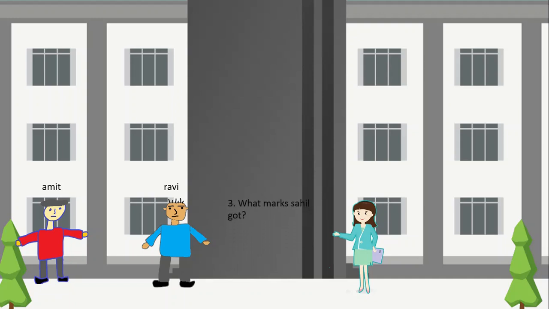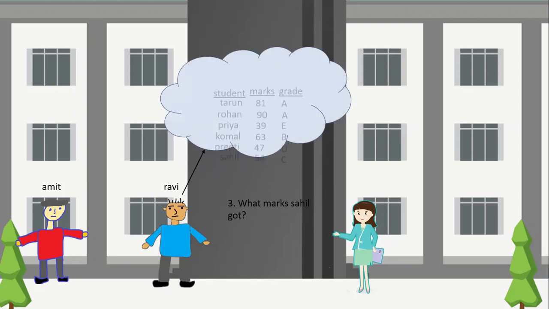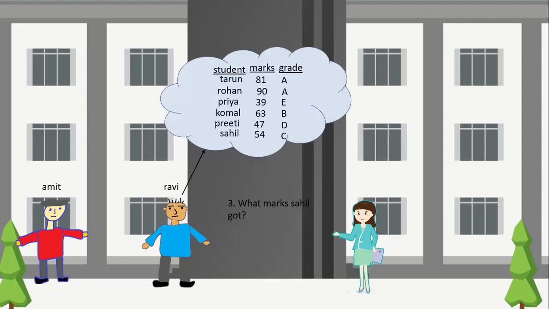The third question is, what marks did Sahil get? This is a somewhat difficult question. So he analyzes the information from his brain database, in which information is organized. After some time he gives the answer 54, which is correct.